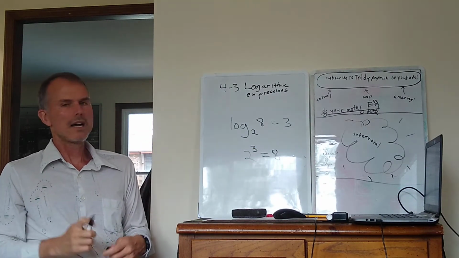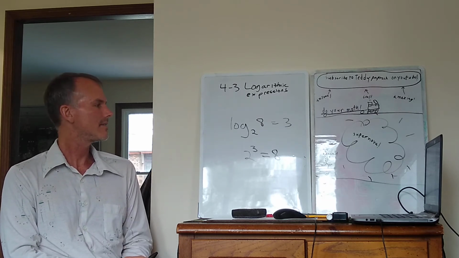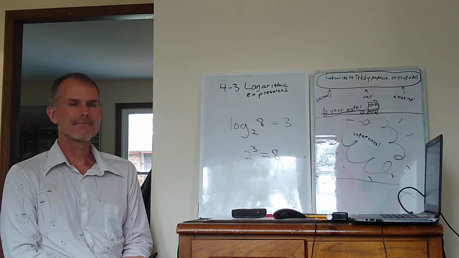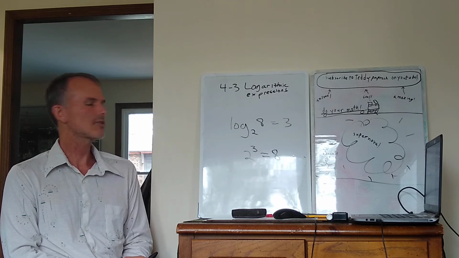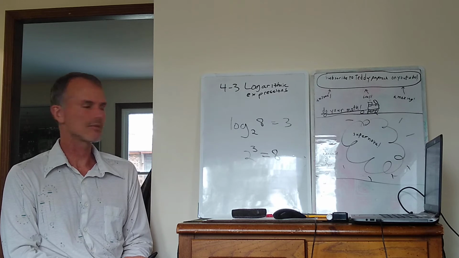Now, how many equations do I have on the board now? 1, 2. Those two equations are equivalent equations. They each show the same relationship between the three numbers 2, 8, and 3.